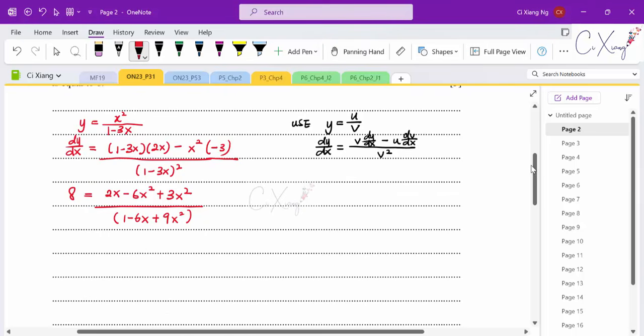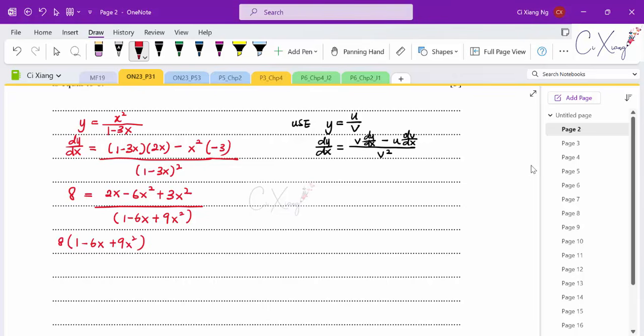Then I'm trying to get the x coordinate first. So to get the x coordinate, try to solve this equation. Oh, there's a careless mistake here. It should be negative 3x squared.